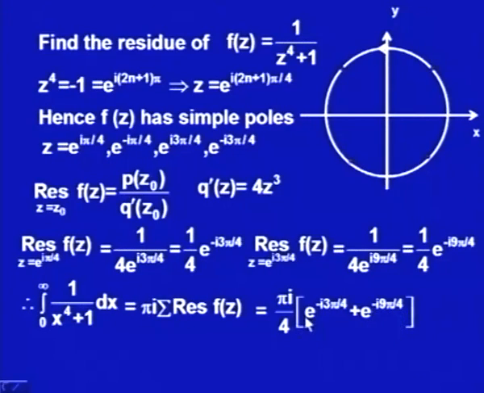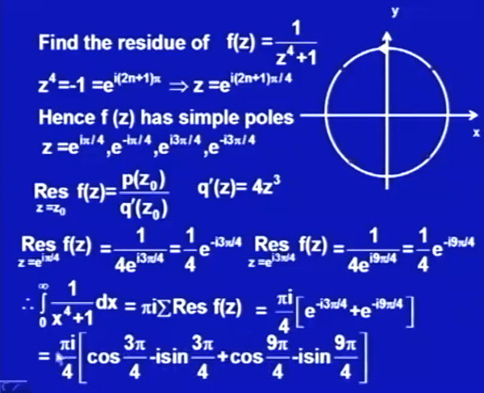Now, we are going to use Euler's formula, e to the power i theta is cos theta plus i sin theta. So this pi i by 4 times, we could write cos 3 pi by 4 minus i sin 3 pi by 4 plus cos 9 pi by 4 minus i sin 9 pi by 4. Now, evaluate this.